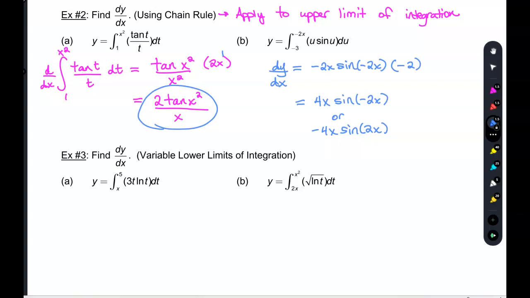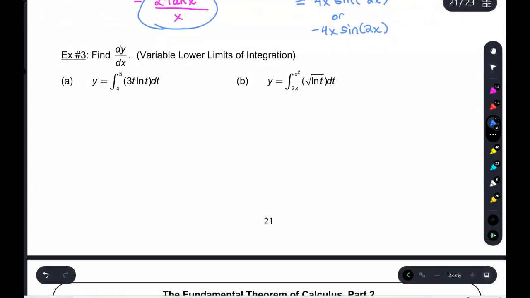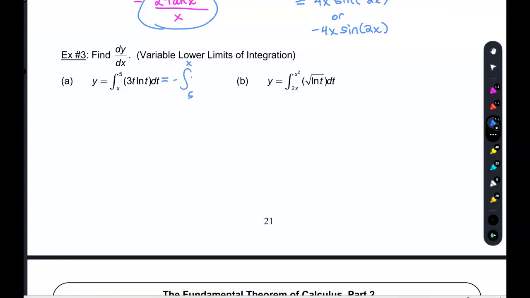We know that we can flip the top and the bottom. Good, so this is just like the very first ones we did, just it's going to have a negative in front. So we'll have negative 3x natural log x. That'll be my dy dx.